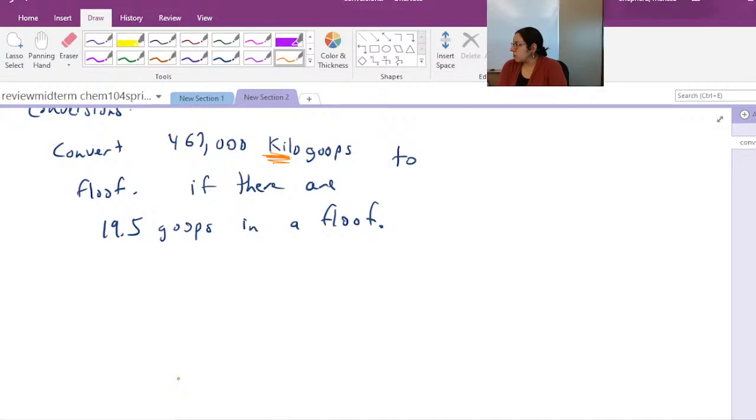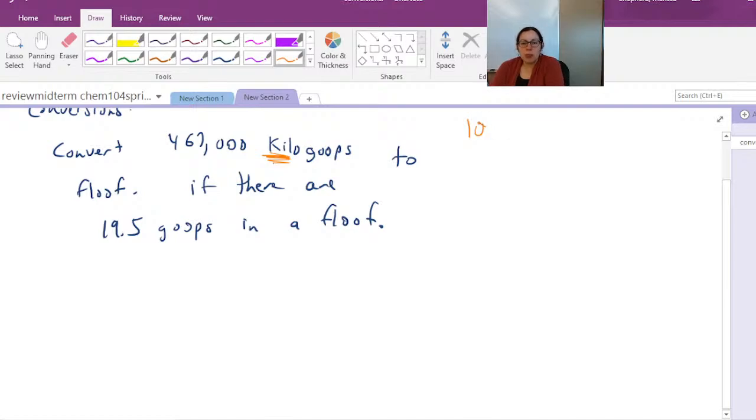So what do we do? We need to divide the 467,000 by 1,000. So I wouldn't divide though, right? Because we want to go from kilogoops to goops. When you have kilo, what is that times your base unit? 10 to the power of 3. Yeah, so 10 to the power of 3.